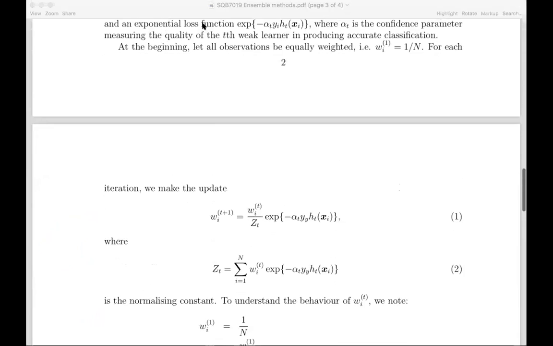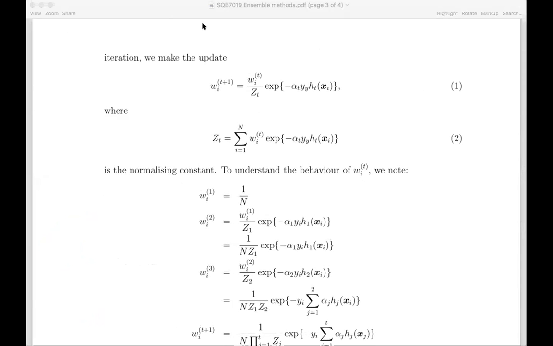Then for the iteration, the algorithm works like this. This is the updating step of the weight of the i-th observation. Let's say your data has observations 1, 2, 3, 4, 5 and so on.